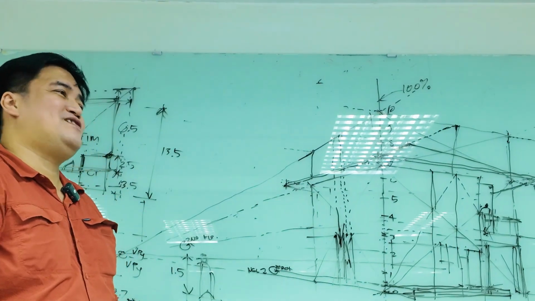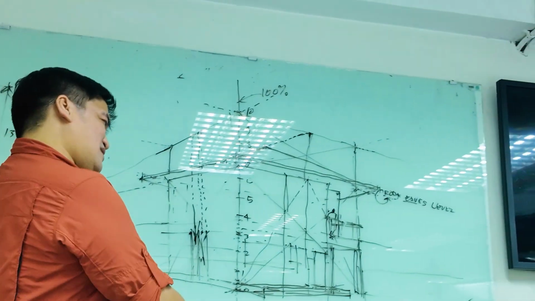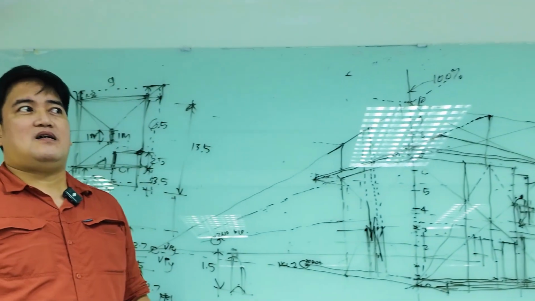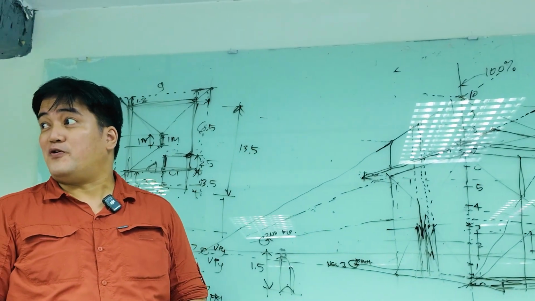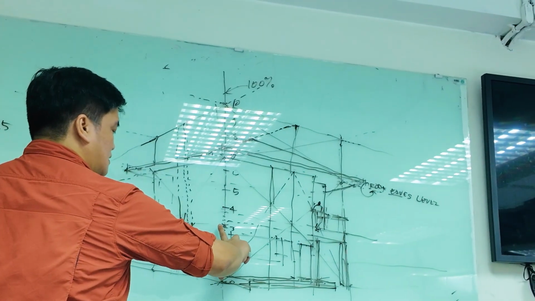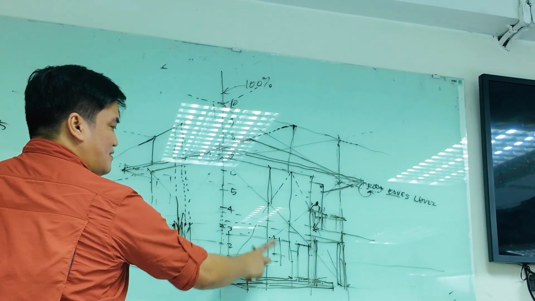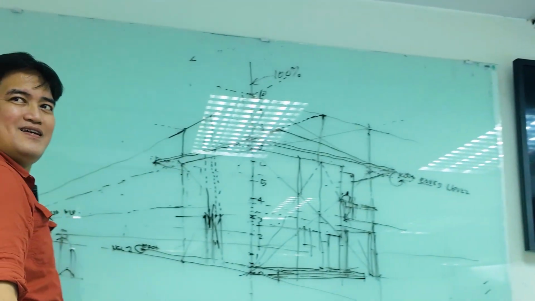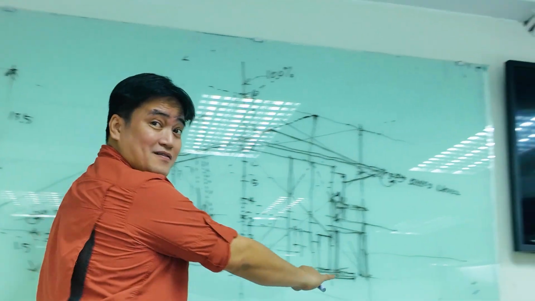Okay? And of course, how do you know? For example, I need a pathway. It's 3 meters from the porch line. Take 3 meters, assume 10%, go this direction. Vanishing point.